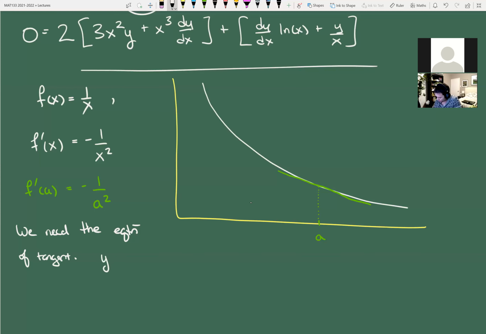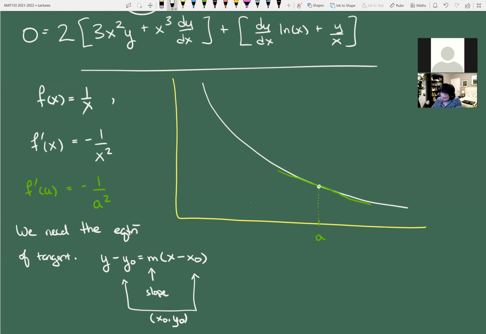Okay, so the point slope formula is this. What it says is, if you know the slope of your line, and you know it passes through the point x naught, y naught, then you can just plug your numbers into this formula, and that will give you the equation. Okay, so the slope of this line is negative 1 over a squared.